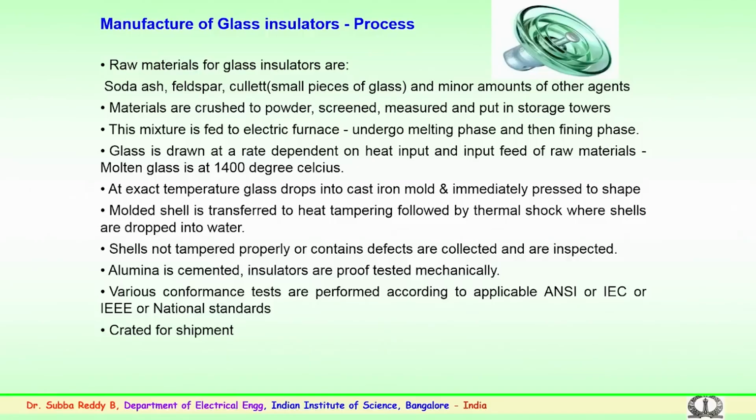The mixture available in the storage towers is fed to the electric furnace. This undergoes a melting phase and then what is known as the fining phase. Here the glass is in the molten stage at around 1400 degrees Celsius, and the glass can be drawn at a known rate depending upon the heat input and the feed of the raw materials.